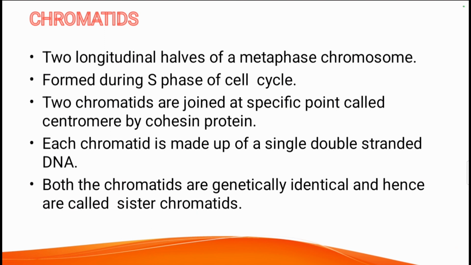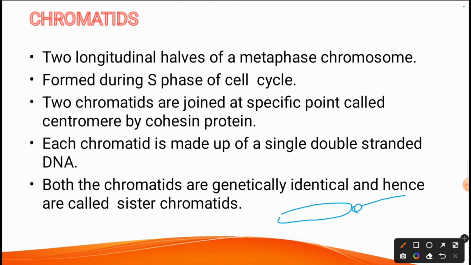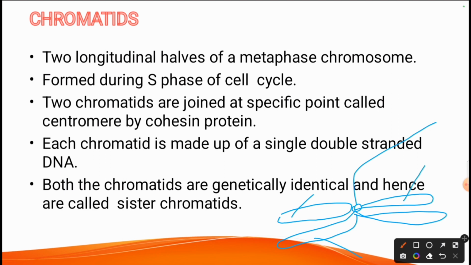If you draw the diagram of a chromosome, you can quite easily see that these are the two longitudinal halves of a chromosome. Now as you can see here, this is the centromere, then this one is chromatid 1, and this one is chromatid 2.